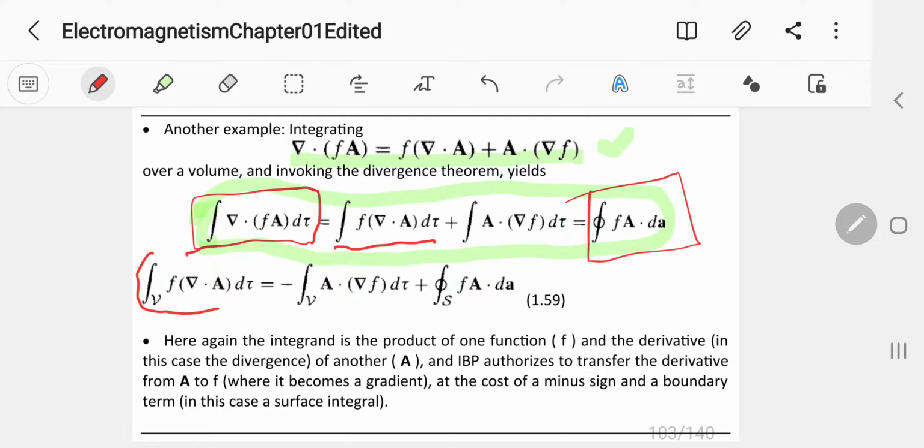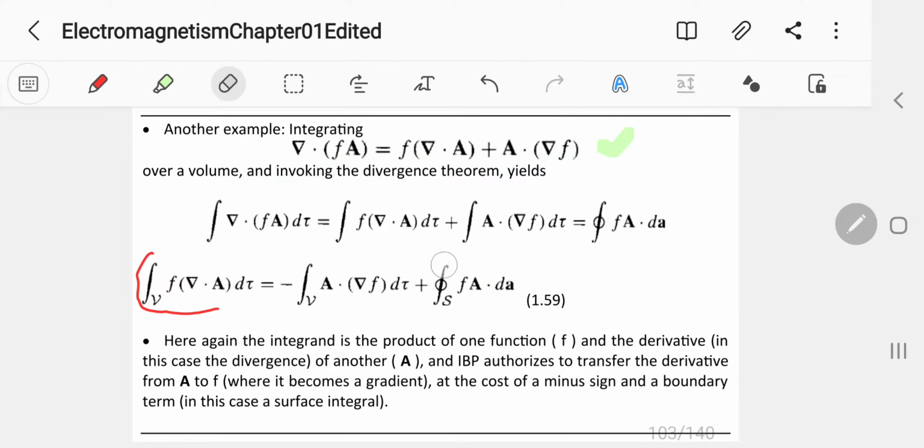So in this case, you are using the Gauss theorem to find the integral of this.